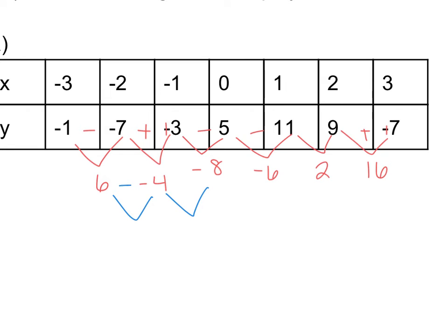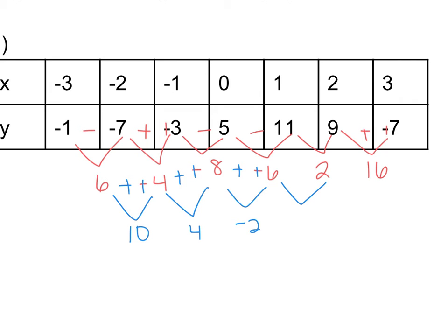So 6 minus -4 plus positive would become 10. -4 plus 8, remember that's a -4, don't let that blue positive sign fool you. So -4 plus 8 would be 4. -8 plus 6 would be -2.